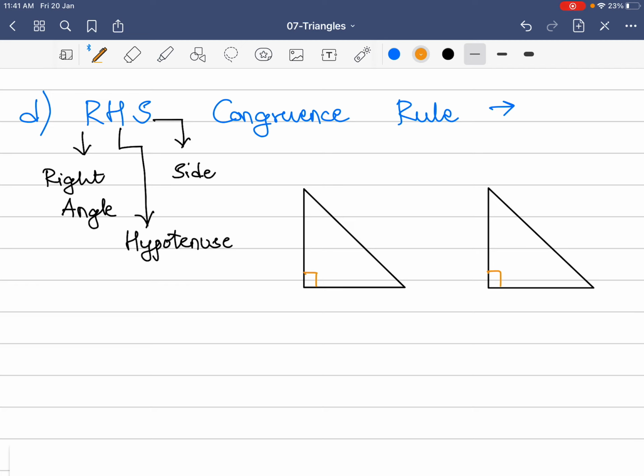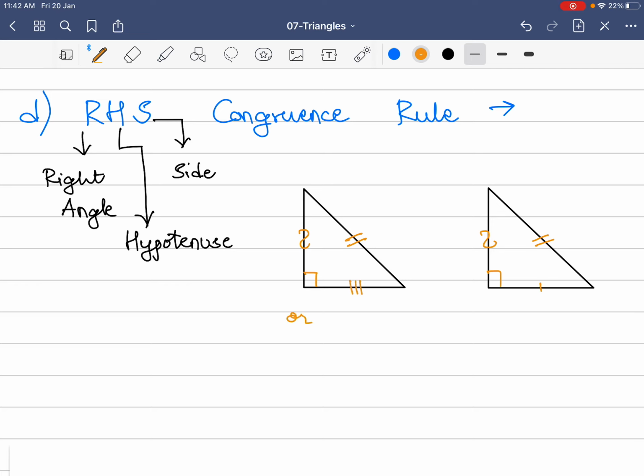So it says that the two right angle triangles are equal if the right angle I have mentioned and hypotenuse are equal to each other. So this hypotenuse should be equal to this hypotenuse, and then any one side is equal to the other side. So it can be this side, or it can be this side.